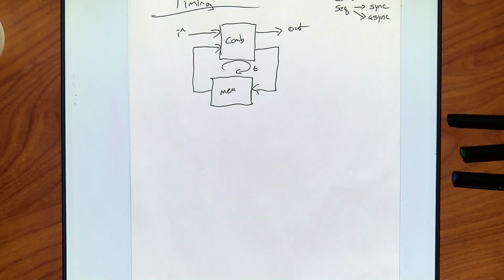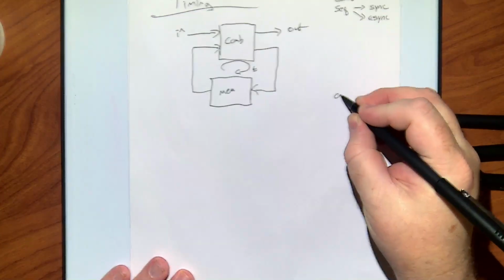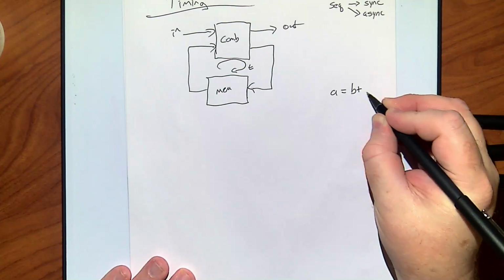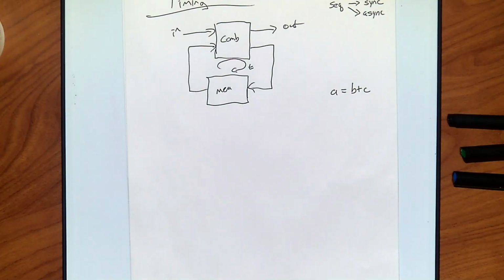That may seem like an odd statement. Some of them are kind of obvious. If I do an AND or an OR, you obviously know it corresponds to the gate. But for instance, if I were to do a simple statement like A equals B plus C, what does that correspond to hardware-wise?